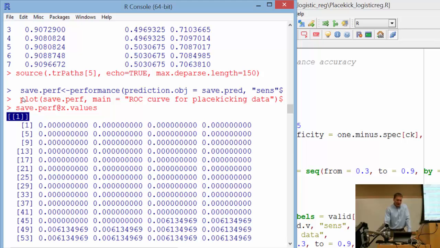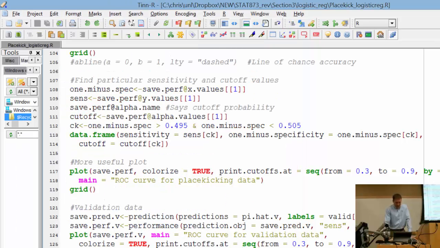These x values are stored as a list inside of this object, but it's a little bit of a different list than what we've seen before with the GLM function. In particular, the components of the list are not actually named, and so the first component is just given by default in R as double bracket 1. So to extract the corresponding x values, I use that syntax.